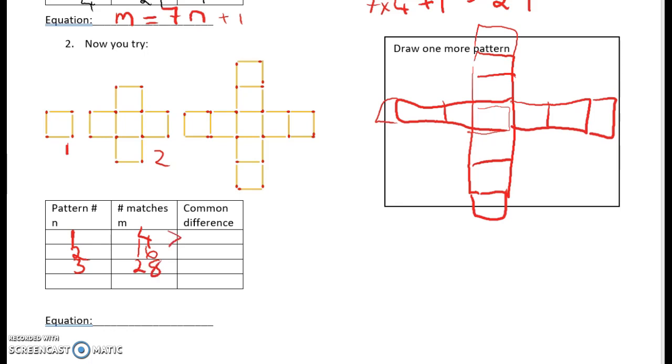From 4 to 16, I have to add 12. And from 16 to 28, I have to add 12. So for my pattern number 4, I'm expecting 40 matches. And if you do check them, you will see that that is how many there are.